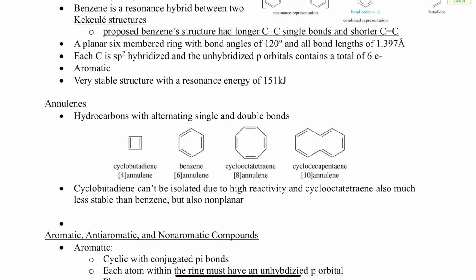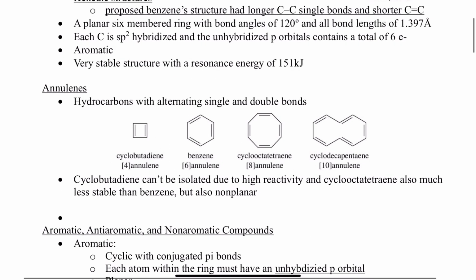If we look at cyclobutadiene, here we can see we definitely have a cyclic structure, we have a low carbon to hydrogen ratio, and we have a conjugated system. So they assumed, man, this must be aromatic. But if you try to get the resonance structure of our cyclobutadiene, we actually can't do that.